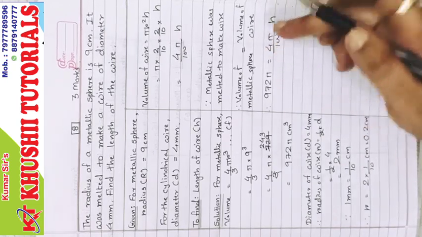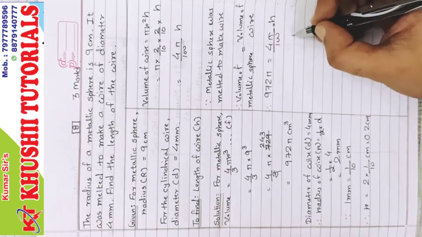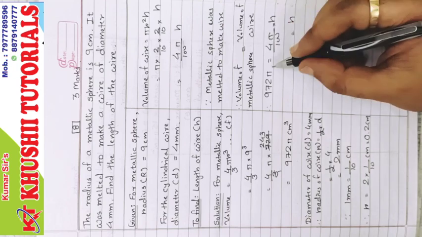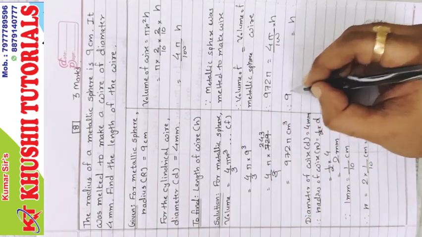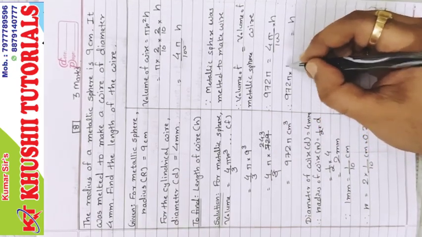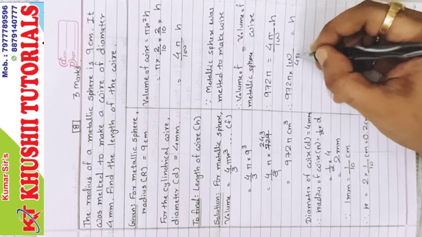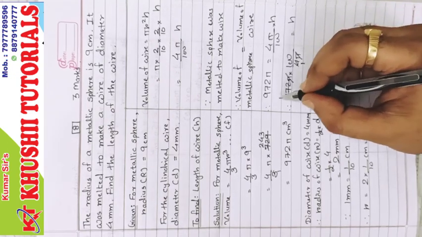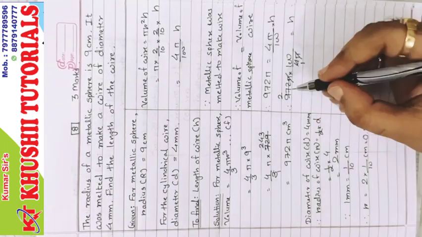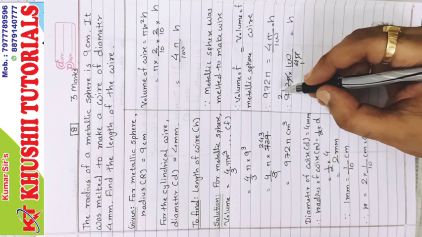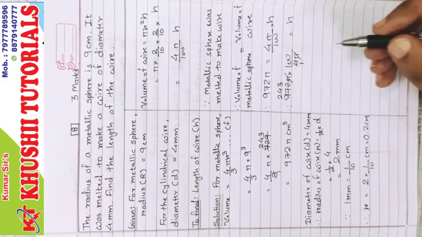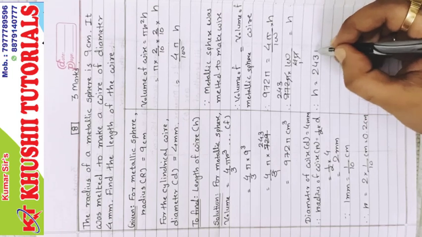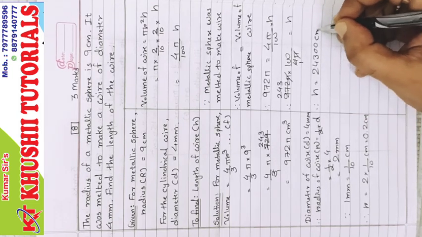These are both multiplied, so h we need to find, so we will isolate h. This fraction will come on this side, so 972 pi into 100 upon 4 pi. Pi will get cancelled. 4 1s are 4, 4 2s are 8, 4 4s are 16, 4 3s are 12. So height equal to 24300 centimeter.